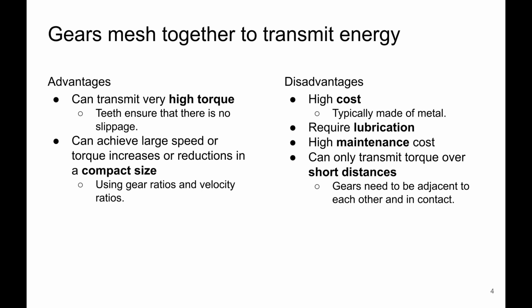They can also only transmit torque over short distances, because gears need to be adjacent to each other and in contact with each other. So we shall see that compared to belt drives, gears can't really transmit this torque over long distances simply because of the arrangement of the components.